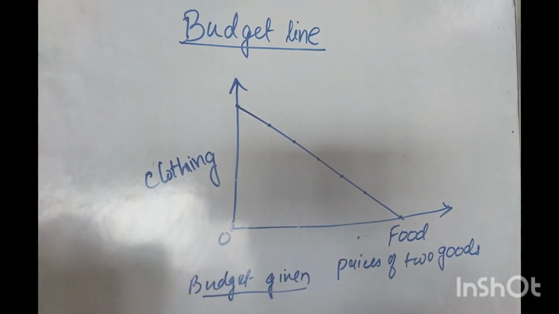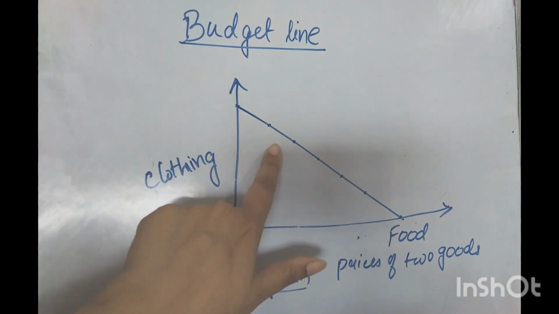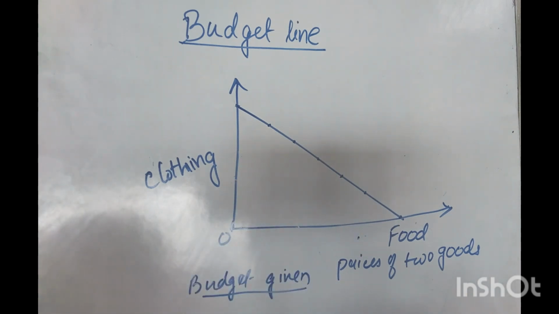That means this budget line shows the various combinations of the two goods which can be purchased at a given budget and with the given prices of the two goods.